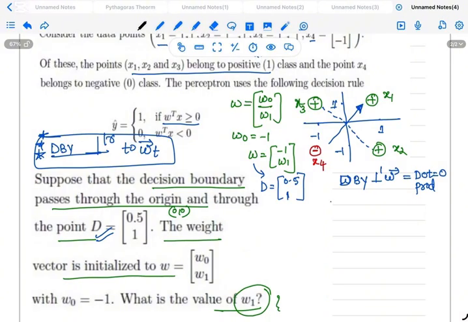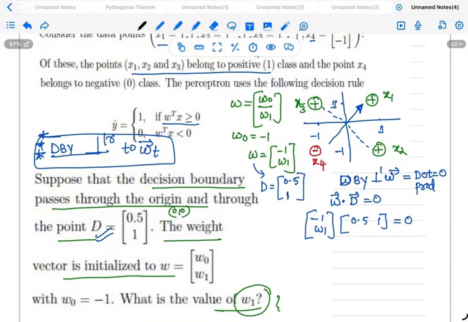So the weight vector W dot D bar equals 0. The dot product between this point and the weight vector is 0. So W equal to (-1, W1) and D equal to (0.5, 1), dot product equal to 0.